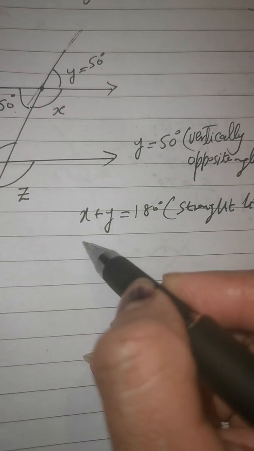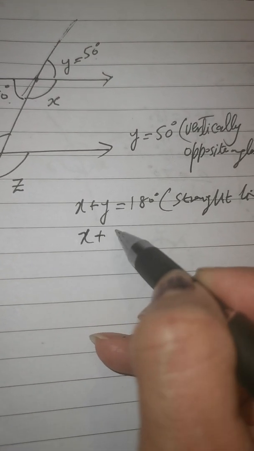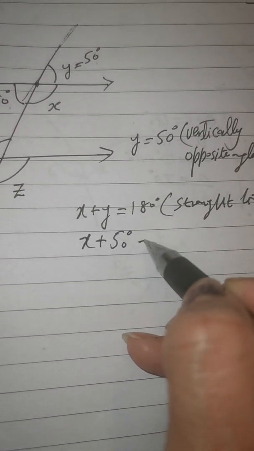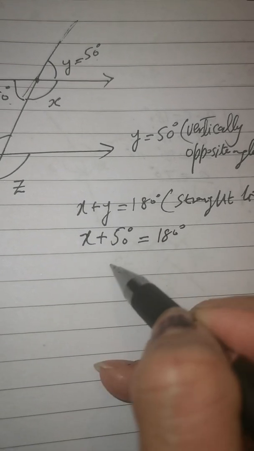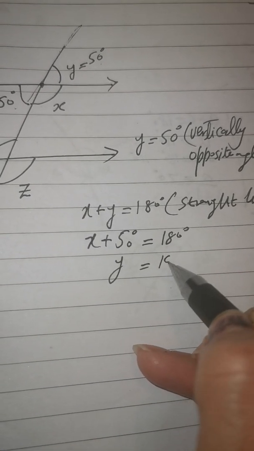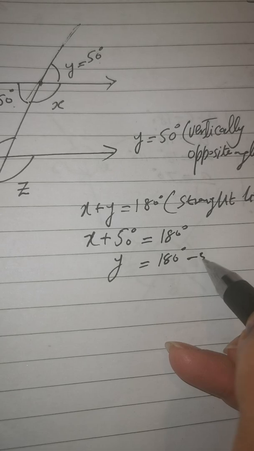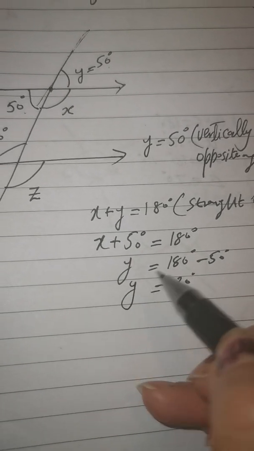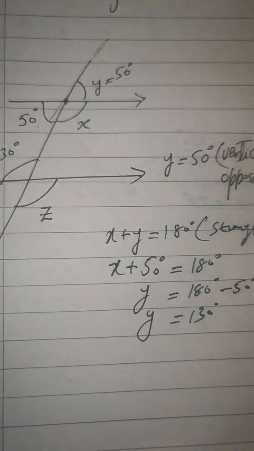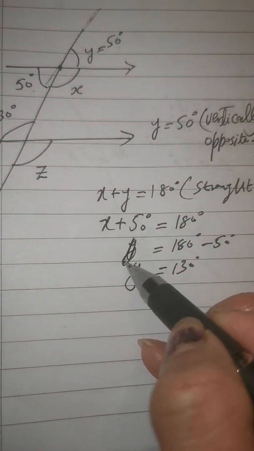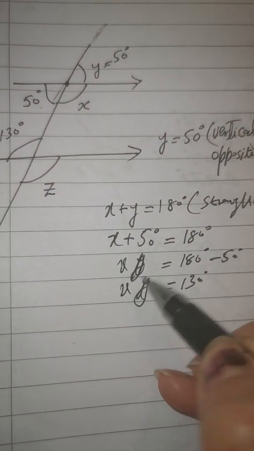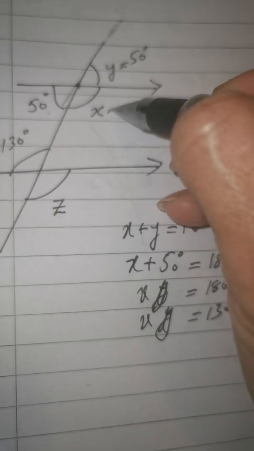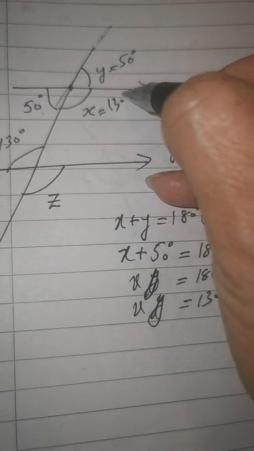So x value I have to calculate, y value I have calculated. So the x value we have calculated is equal to 130 degrees.